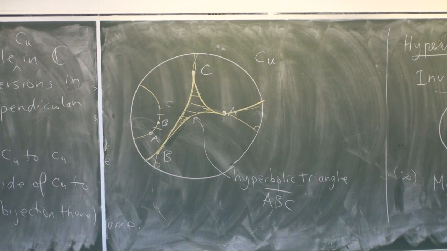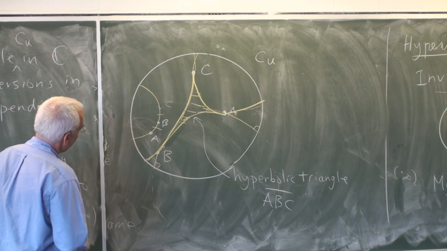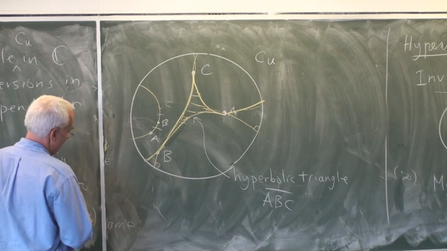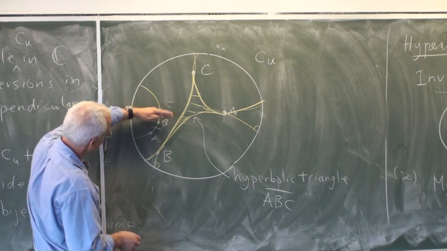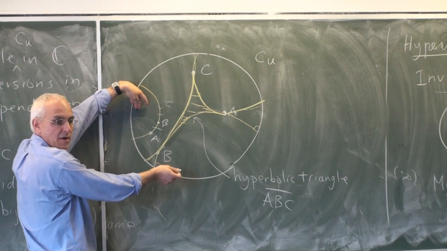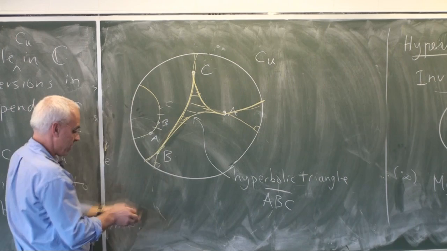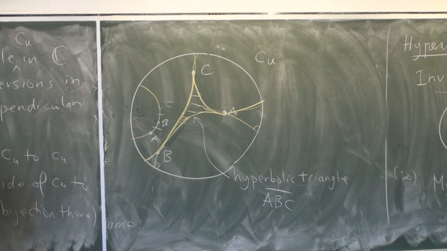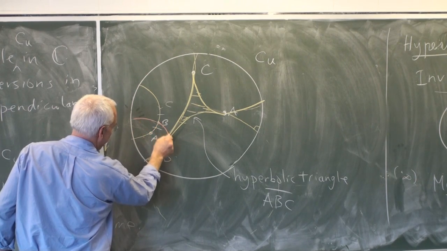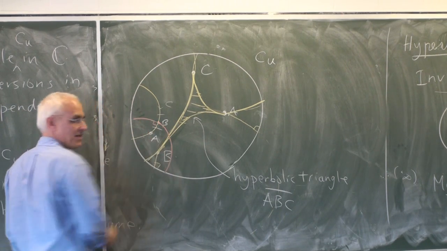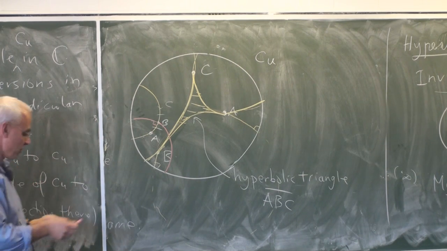Well, I'd want to reflect in this point here, and there might be lots of circles going through there, but I'd want to choose a circle that goes through there perpendicularly. Okay, so I would find a circle that goes through B perpendicularly, and perpendicular is in our usual sense of perpendicular here, just the familiar sense.